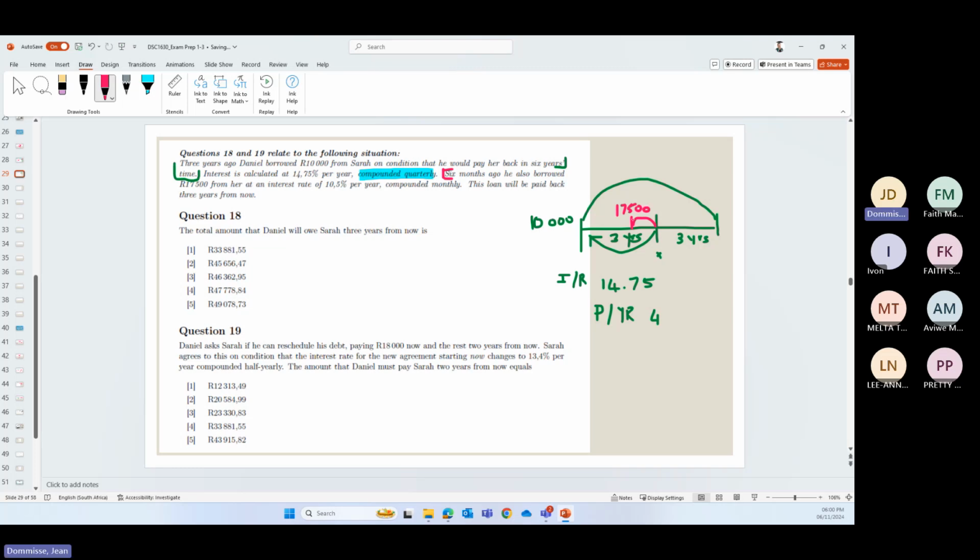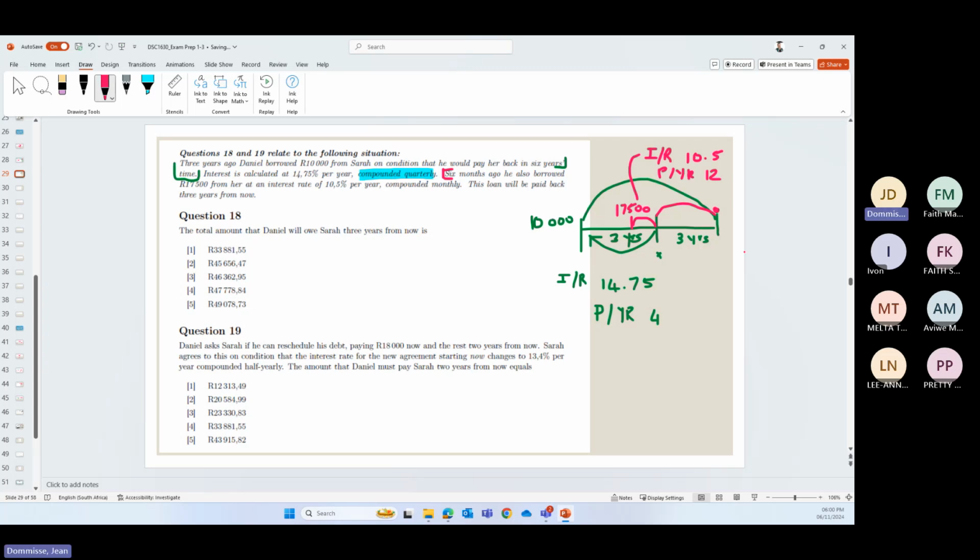Now that is suddenly at a different interest rate of 10.5%, and that is compounded monthly, so also a different number of times per year. And then this loan will also be paid back 3 years from now. So we want to know how much that is worth 3 years from now.